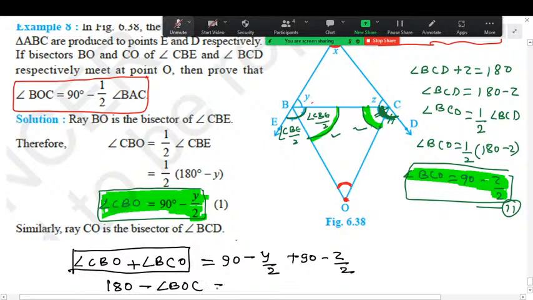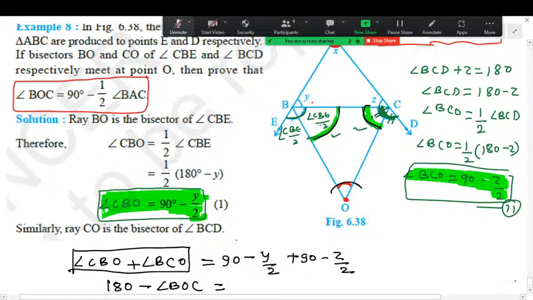The sum of these two is going to be 180 minus BOC, because all these three angles sum up to give you 180. CBO plus BCO plus BOC equals 180. That means CBO plus BCO is equal to 180 minus BOC.